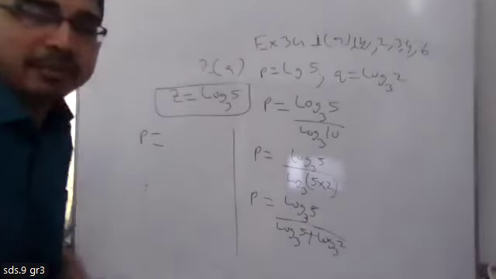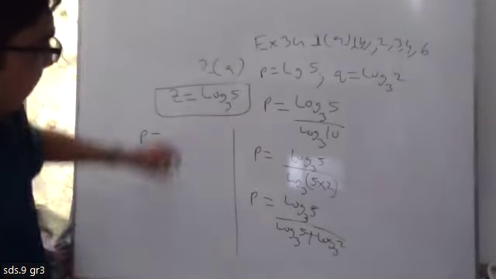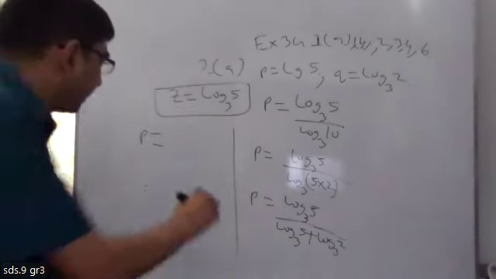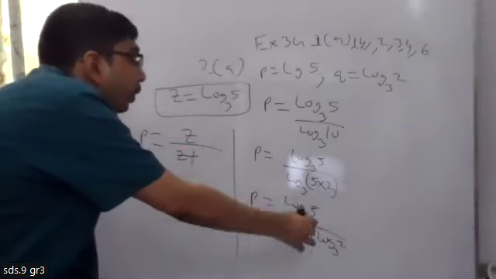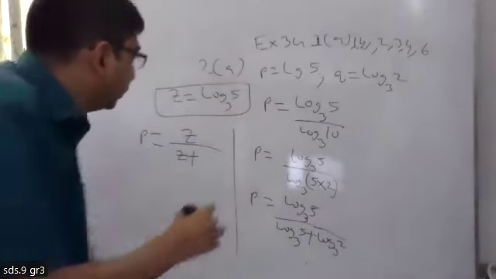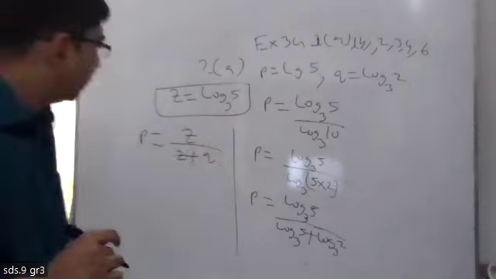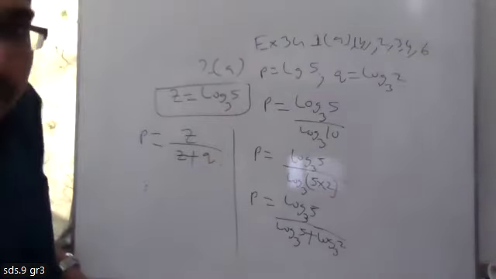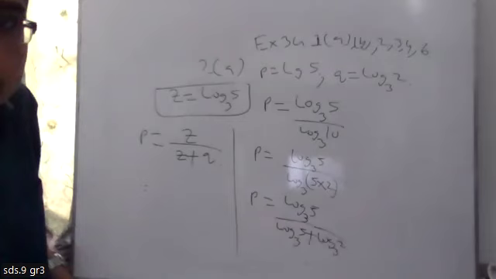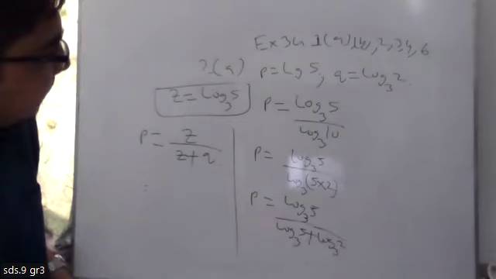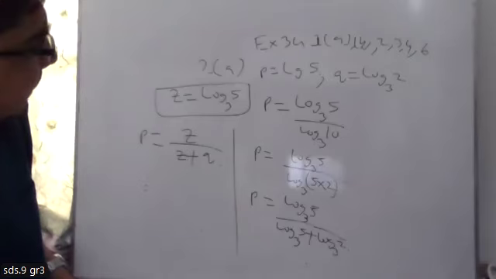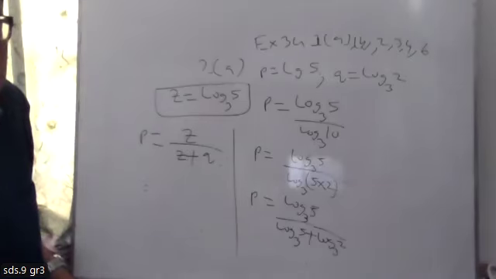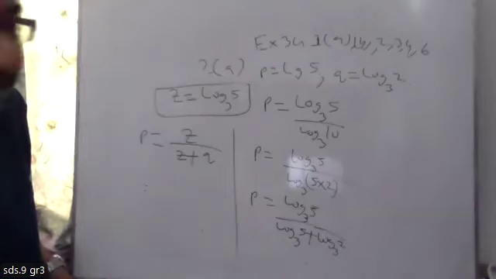Instead of log 5 base 3, I am going to write Z. Z divided by Z plus, and log 2 I'll write as Q. So did you get up to this point, Anna? Yes, Mahir, can you give the feedback? Sir, I got it. Okay.